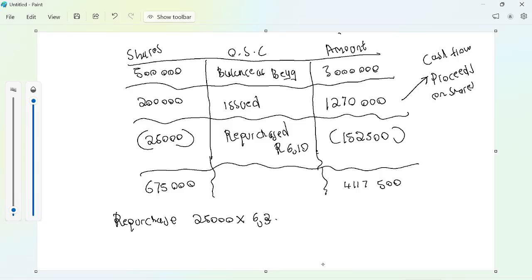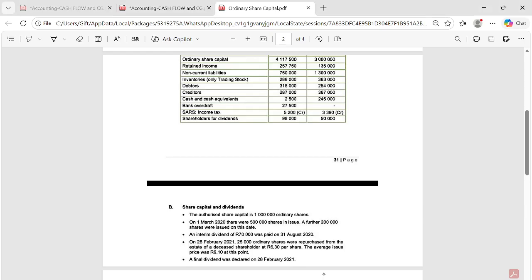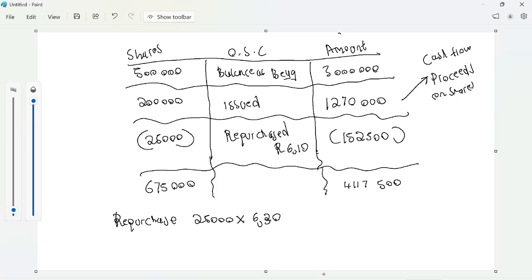This is our repurchase price, the repurchase of shares that is going to the cash flow statement under financing activities. So it's 157,500. This is an outflow of cash, and this is an inflow of cash, guys.